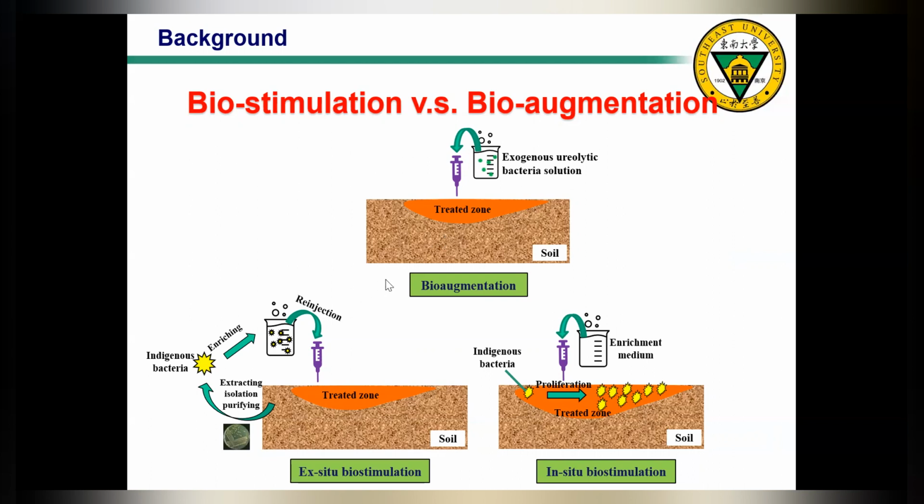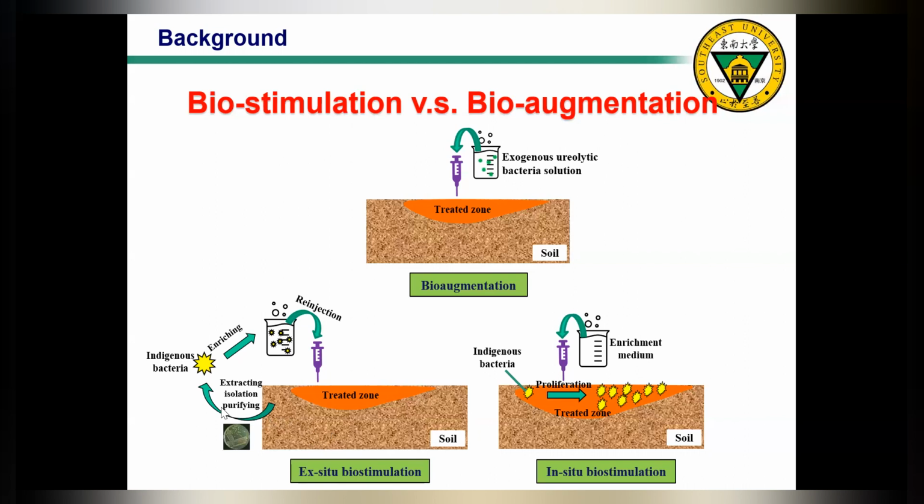In addition to bio-augmentation, biostimulation is an alternative way to achieve MICP. There are also two approaches to achieve biostimulation. One is ex situ, the other is in situ. Ex situ means that the ureolytic bacteria are extracted, isolated, and purified from the sampled natural soil.